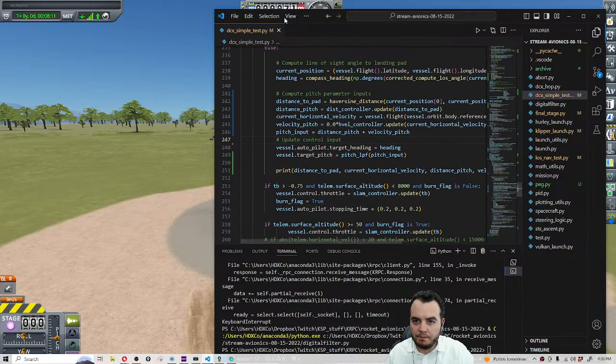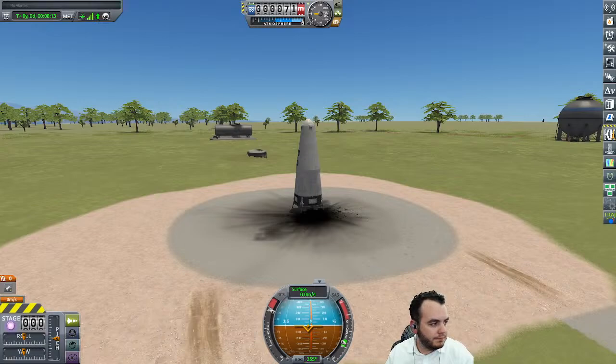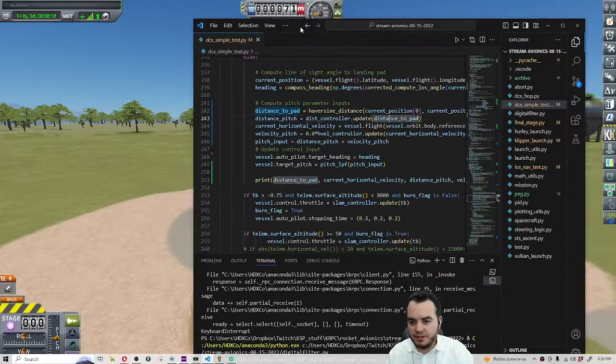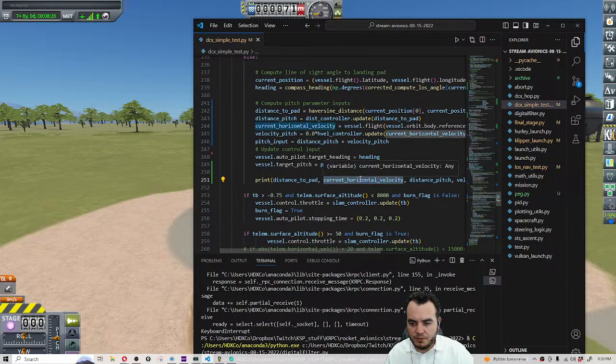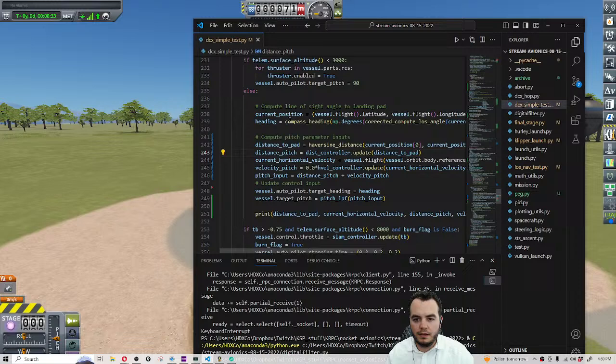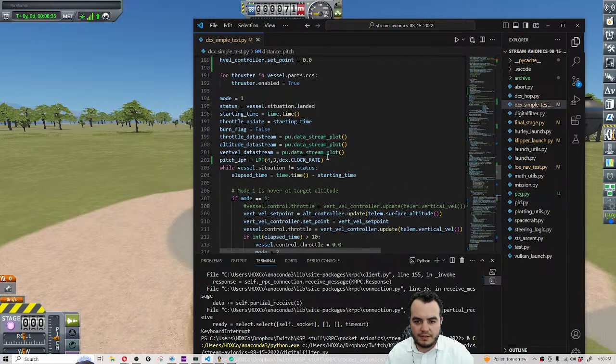Okay, let's try that again. But you guys see, you know what? Let's actually start implementing our velocity damping term. And I think we're also going to want to do a sign on the horizontal velocity to figure out if we're going further or away from it. So let's see this.